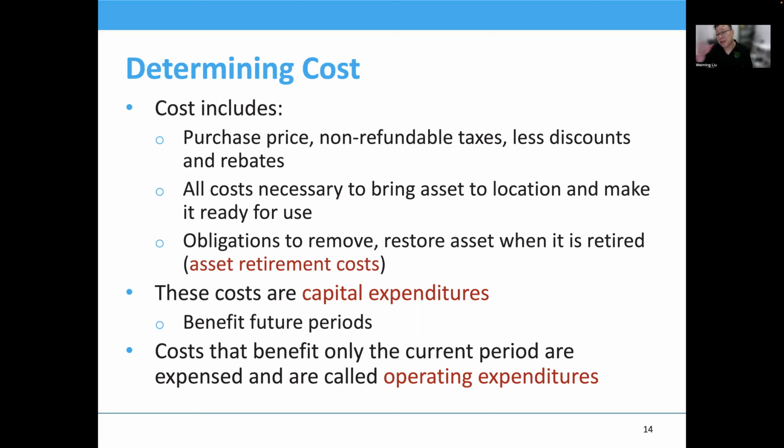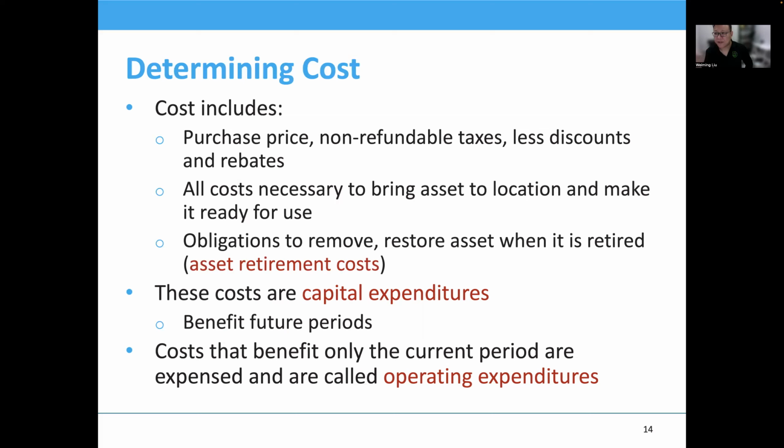Expenses is the item on your income statement. You have revenue minus expenses equals net income. So expenditure is about cash outflow, expenses is the items on the income statement. So when you spend money, the capital expenditure, those cash outflows have longer future benefit. But the operating expenditures only have benefit for the current period of time.